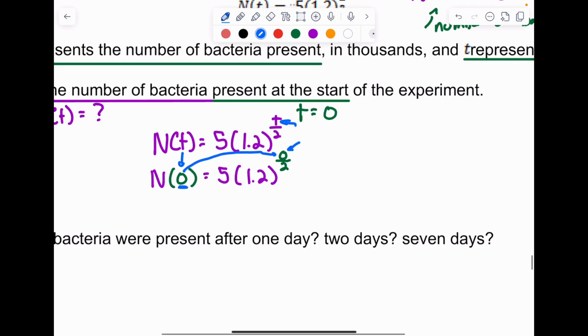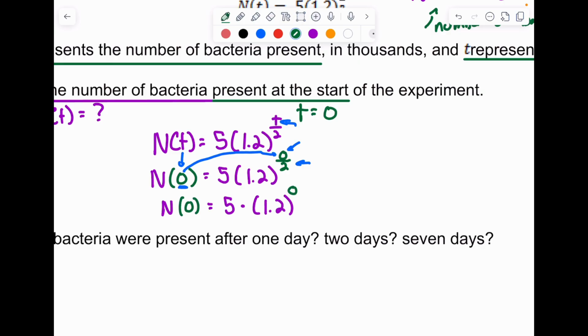So n evaluated, the number of bacteria evaluated at 0 is equal to, well, how do we do this? Well, the first thing you need to do on your calculator is evaluate the exponent, okay? So we have 5 multiplied by 1.2 to the power of, what is 0 divided by 2? Well, 0 divided by 2 is 0.